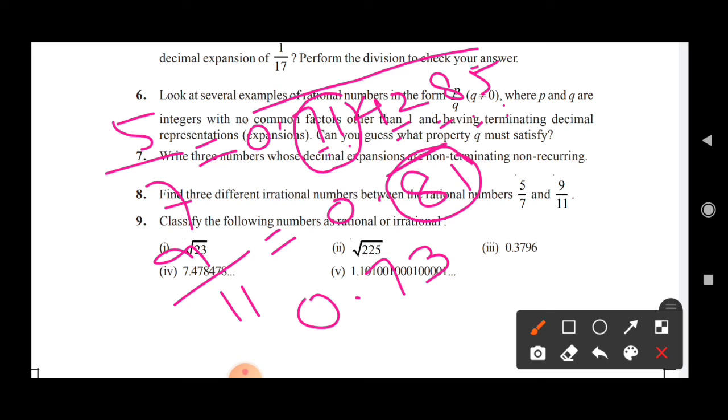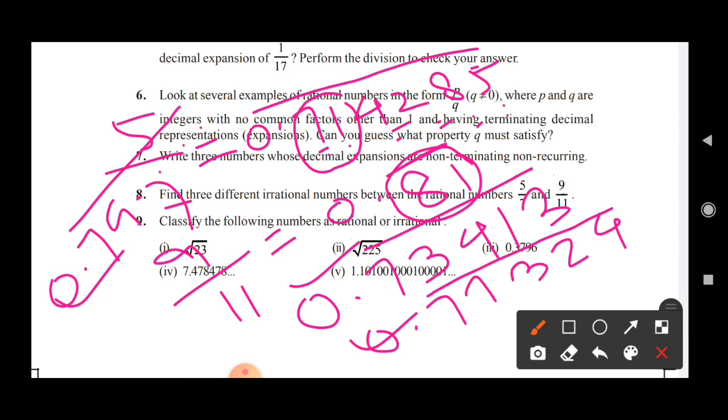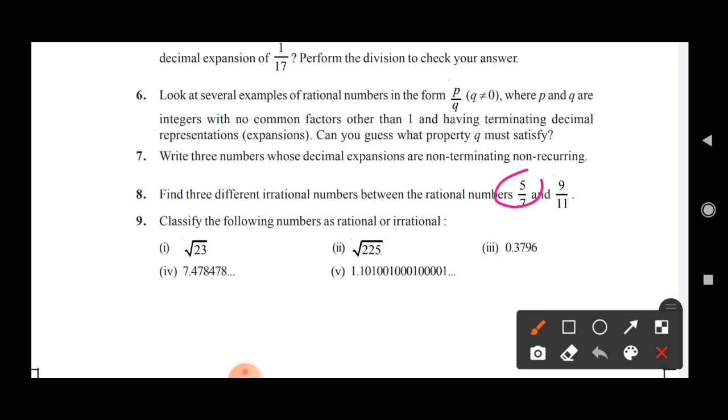You can put any digits after this 3, suppose 4 1 3, and this way you have to put a bar. Another one, suppose 0.77, suppose 2 3 2 4, and you put a bar again. And another one, suppose the final one, 0.79, and something else after this 9, and also you have to put a bar on this. So these 3 numbers will lie between 5 by 7 and 9 by 11.